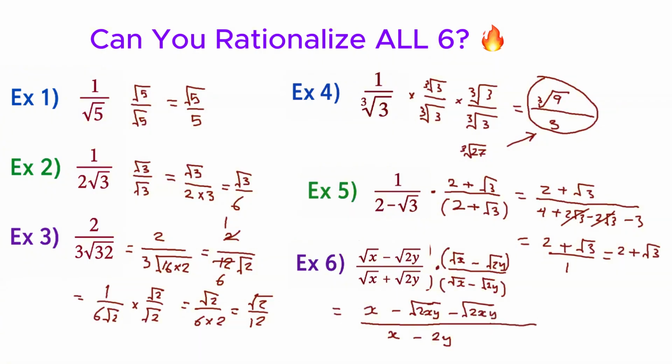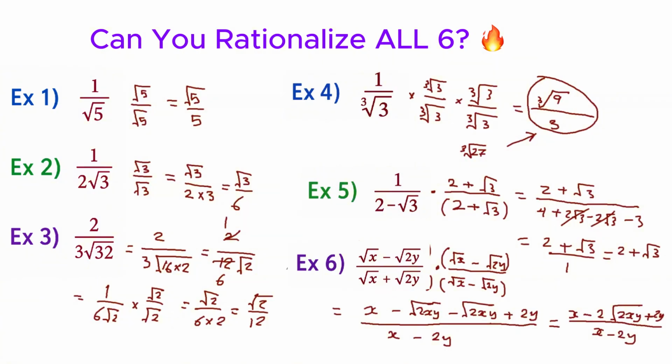And then multiplying negative root 2y by negative root 2y, negative times negative is positive, and you just end up with 2y there. And your final answer would be x minus, these are like terms, so there's a 1 here, there's a 1 there, so that becomes minus 2, and the root stays the same, plus 2y all over x minus 2y, and that's your final answer.